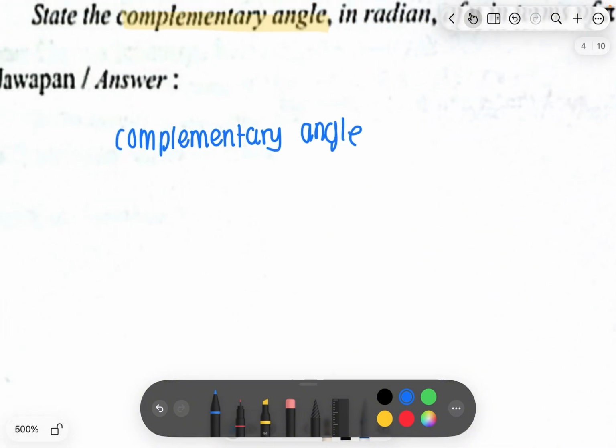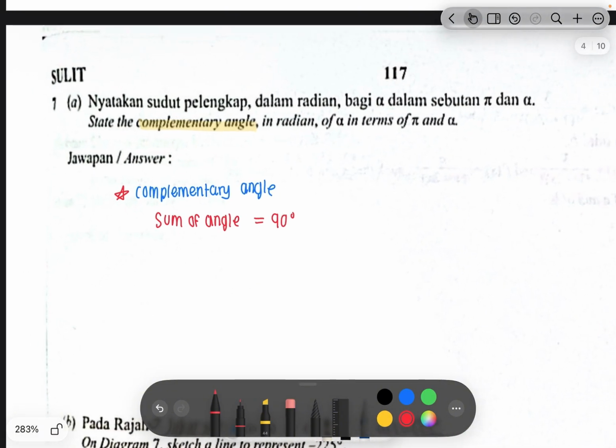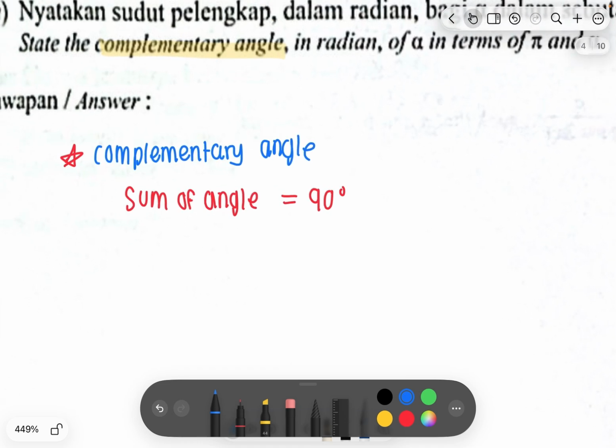So complementary angle means, this is maths, very important, that the sum of the angles is equal to 90 degrees. So they want the complementary angle in radian of A in terms of pi and A. I'm not sure where the other part of the question is.